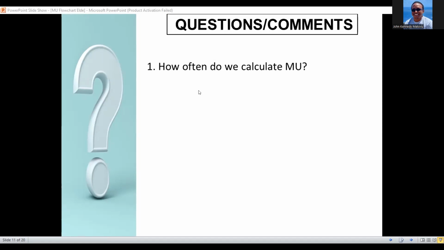Is it once and then forget about it? Yes, I think it was Moisa. Anybody, please help me. I cannot keep on talking. It's just monotonous. Again, no answer is wrong. How often do we calculate MU?